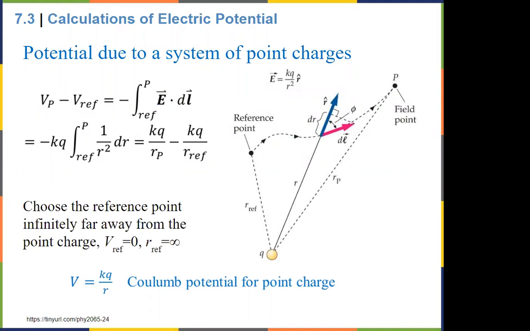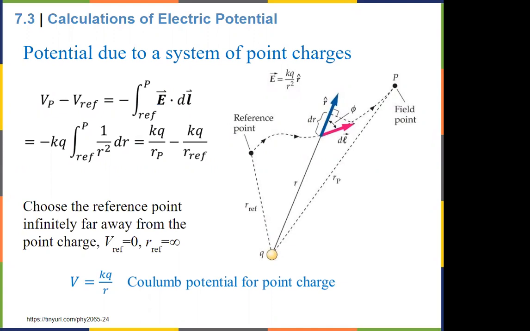Now we are going to take a look at electric potentials, case by case, in various scenarios. First, let's take a look at the electric potential by a point charge or systems of point charges.